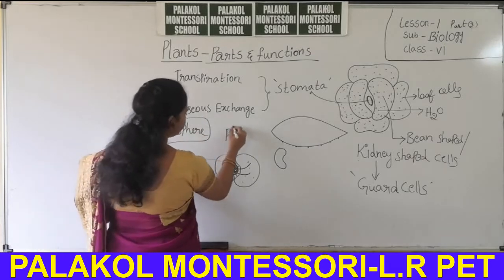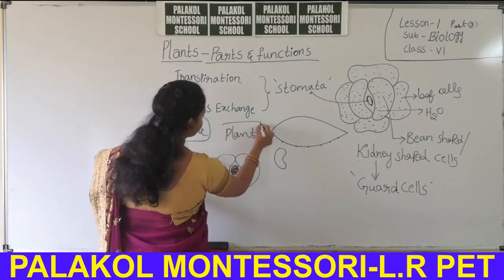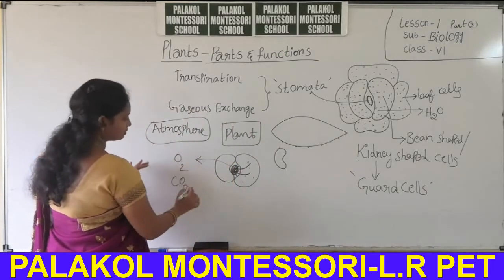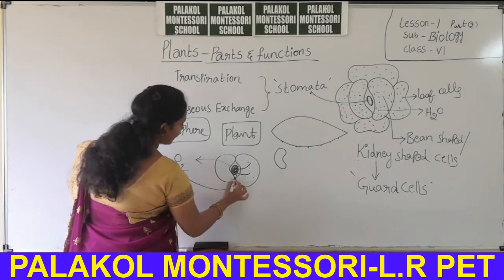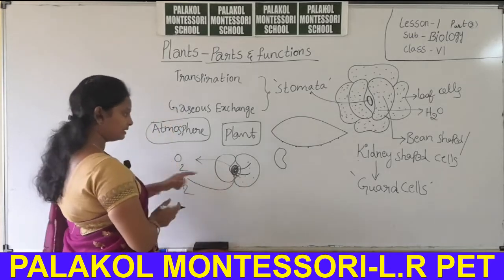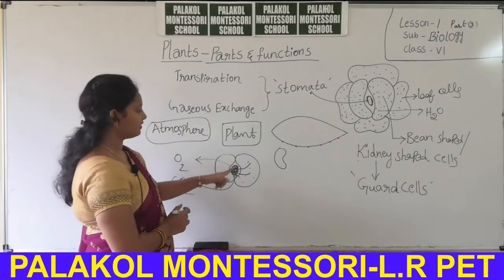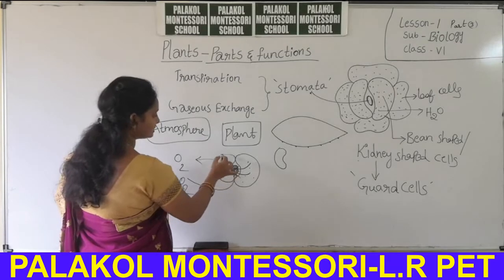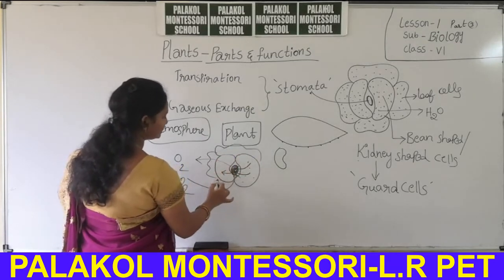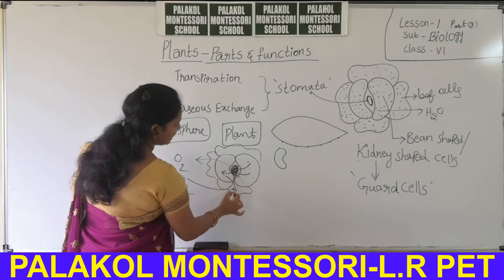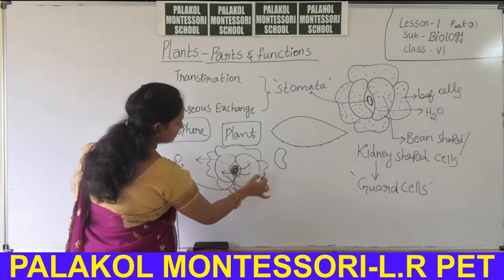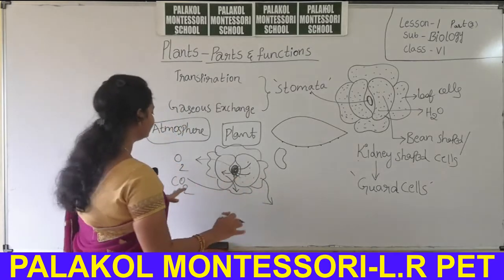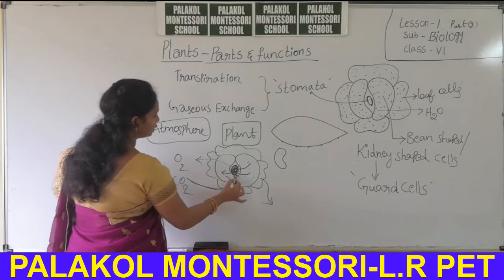This is the plant. The CO2 present in the atmosphere enters the plant body through which region? The stomatal region. From this stomatal region, CO2 enters the guard cells. From these guard cells, CO2 enters the neighboring plant cell. From this, CO2 enters all over the plant body. This is the entry of CO2.